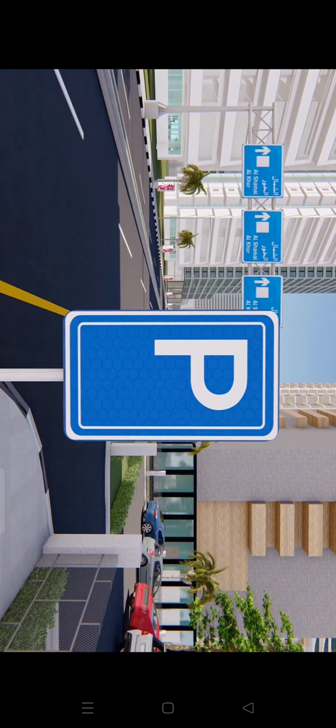Handicaps parking sign. It is a rectangular sign with a blue background. It contains a white square. Drawn inside is a handicaps logo in black color. It is intended to guide road drivers to parking places of handicaps.